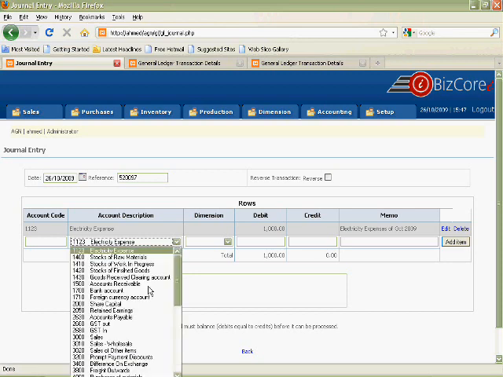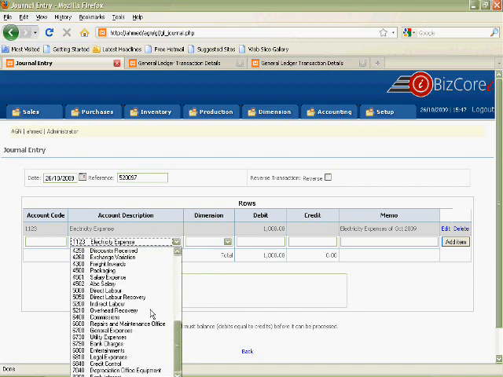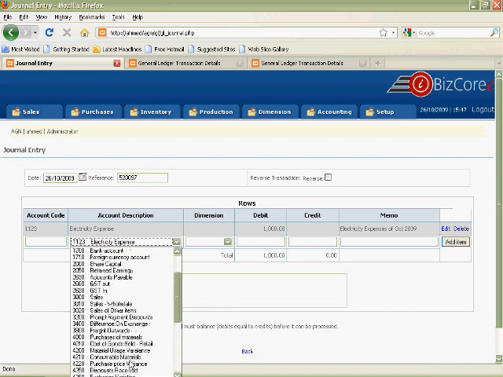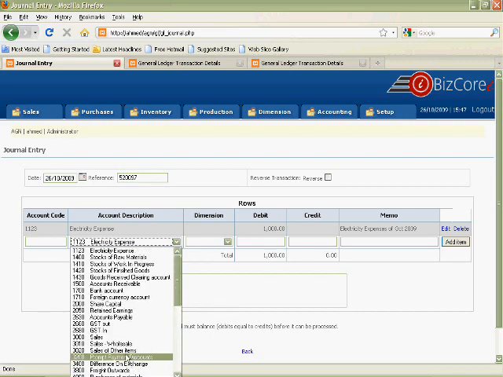We have made this transaction against any bank account. Until and unless both debits and credits are equal, this option will not appear. After both debit and credit are balanced, then this option will be highlighted and you can process the journal entry.